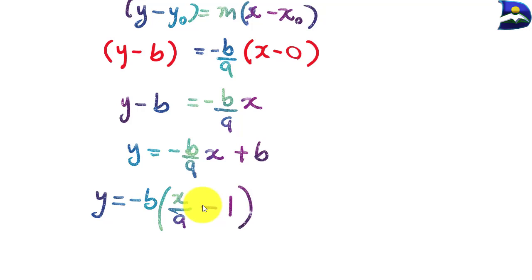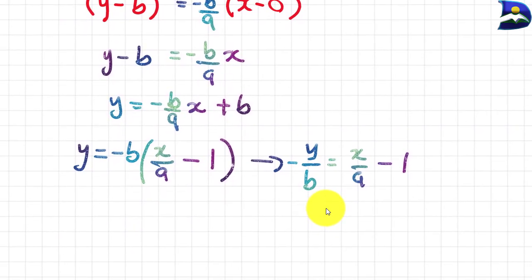So once we have this, we are going to move on to the next step, which is to divide both sides by negative b so as to move our negative b to the other side of the equal sign, and therefore we have the following. y over negative b is equal to x over a minus 1. And then our next step is to do the following.